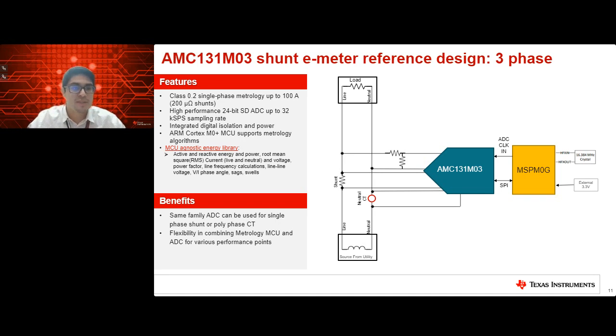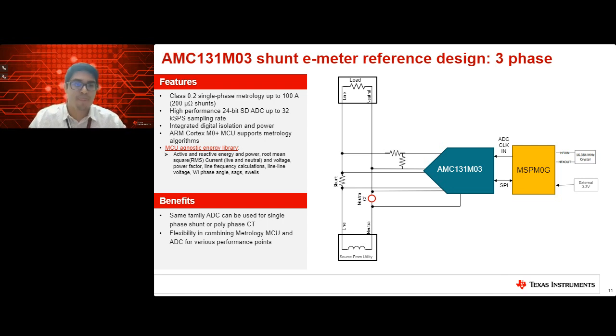Some of the benefits is that the same family ADC can be used for both the single phase shunt as well as the polyphase CT. So basically what I'm trying to get at here is this energy library that comes with our reference designs will be able to work on the CT applications as well as the shunt applications.